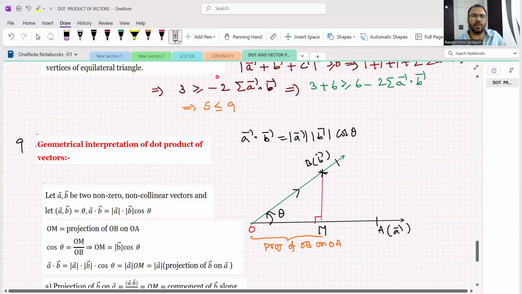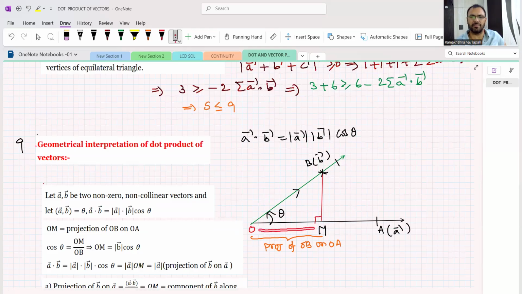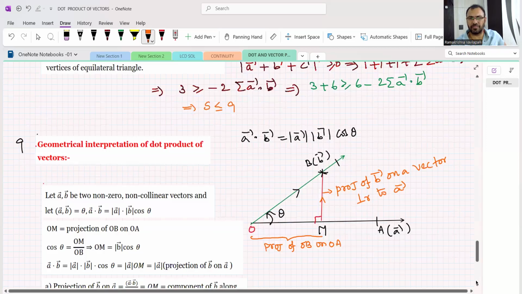The projection of OB on the vector A bar. And here this is the projection of B bar on a vector perpendicular to A bar, because it is perpendicular to A bar.